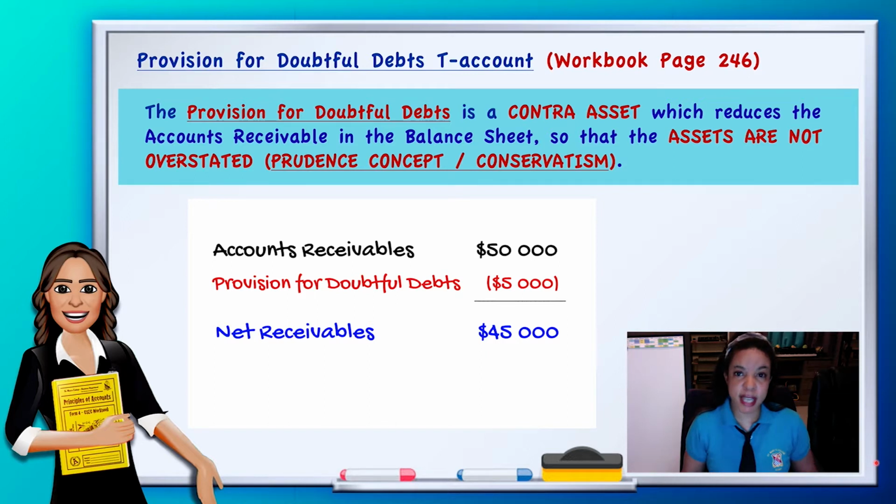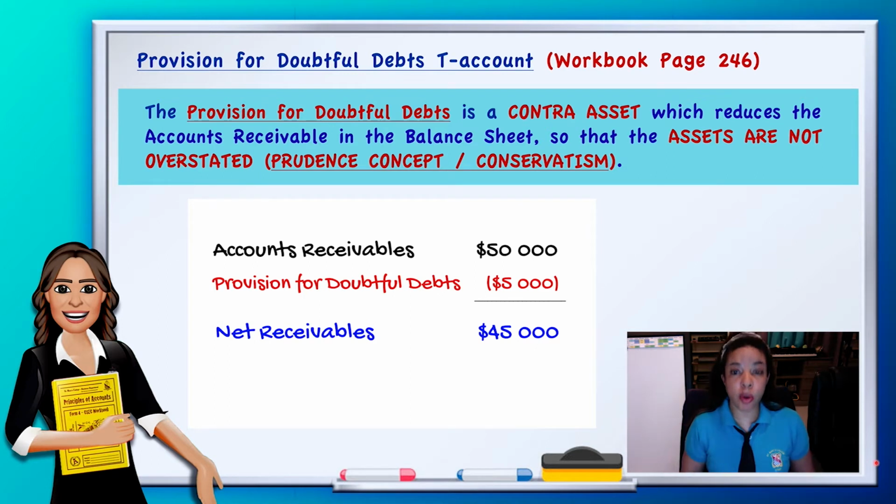We have shown that the $50,000 is our receivables, but we also show that there's a probability, a provision of $5,000, that we're not going to get that part of the asset, and therefore the amount we are expecting to get may be $45,000. If in reality we get more, say we do collect all of that $5,000, great.